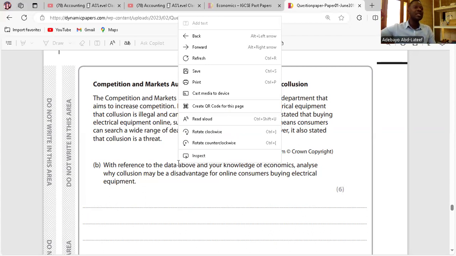Choosing Misrata means the large firm in Tripoli will not go to Misrata, and customers in Misrata would not have access to the goods produced in Tripoli. So that reduces their choices. Yes or no? So it means there could be shortage in the market. Clear? Go to question C.